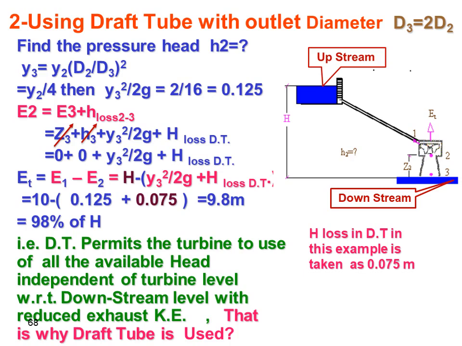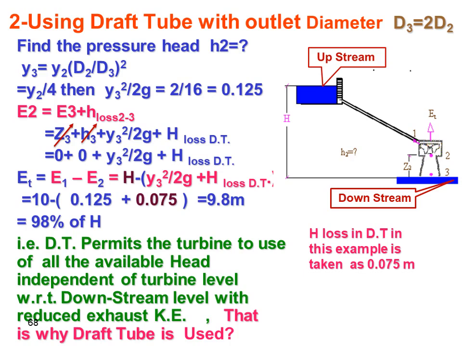Let us go again to the numerical example as before. H equals 10, V3 square over 2g is 0.125, and I assume that the head loss in the draft tube is near the value of the kinetic energy at section 3, as 0.075.